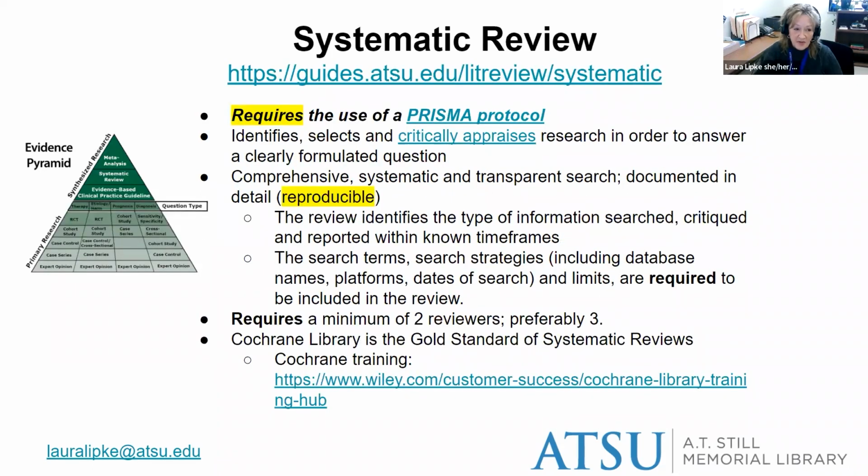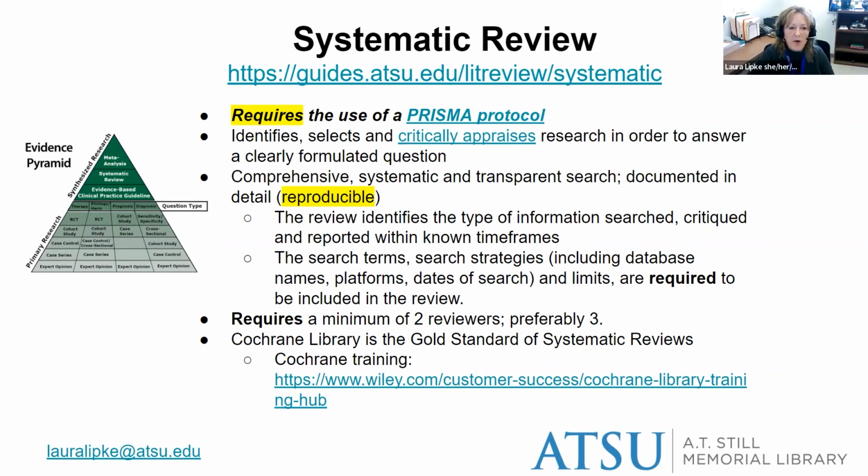And then we have a systematic review, and this was the big one. This is the term that a lot of people use even when they're doing a narrative review. So it's really important to know the difference between these types of reviews, because the systematic review does require the use of a protocol. It critically appraises each piece of research that's included within the review. It's comprehensive, systematic, and especially transparent.